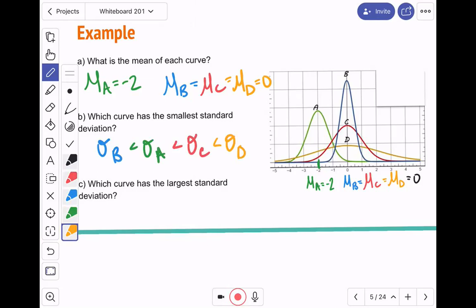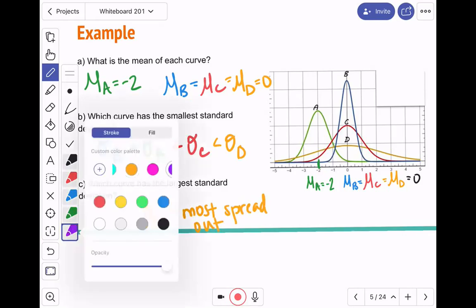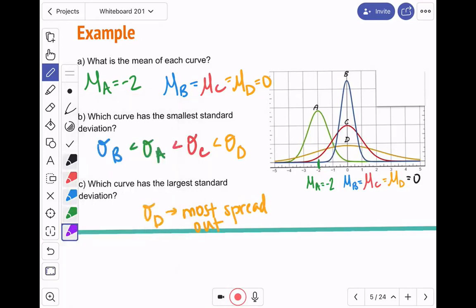So which curve has the largest standard deviation? Curve D. Why does D have the largest standard deviation? Because it's the flattest. Good. It's the most spread out. All right. Curve B has the smallest because it's the tightest.